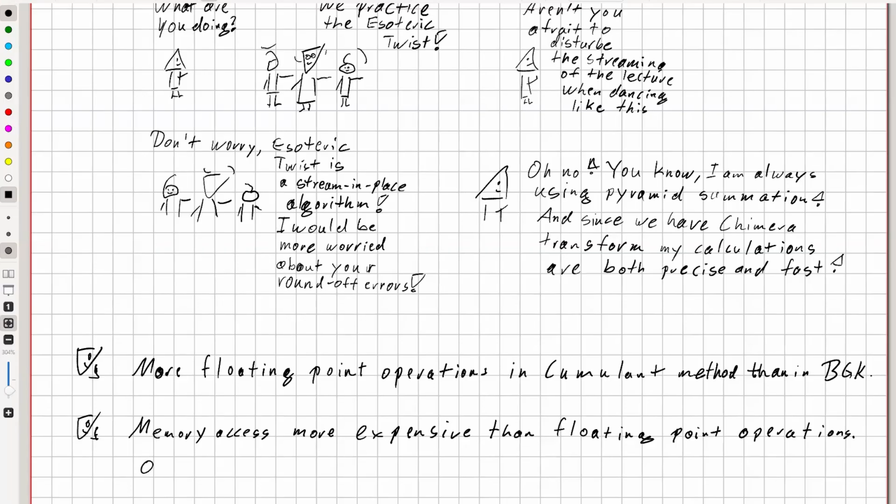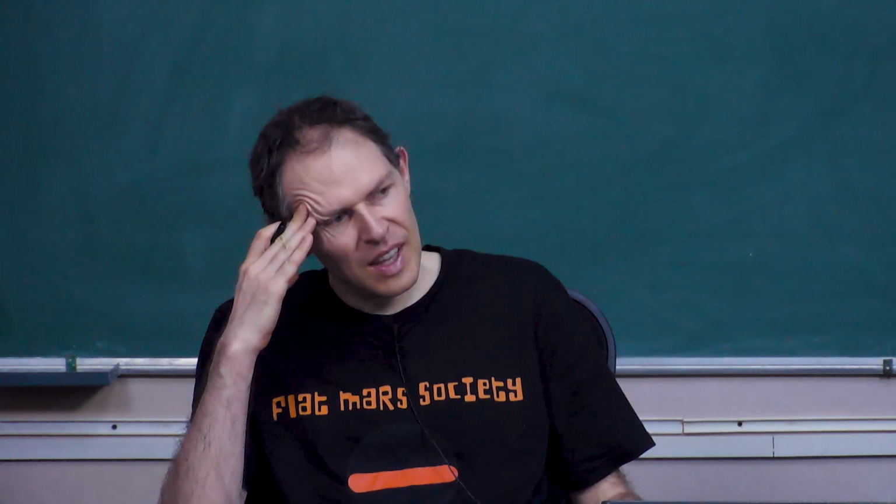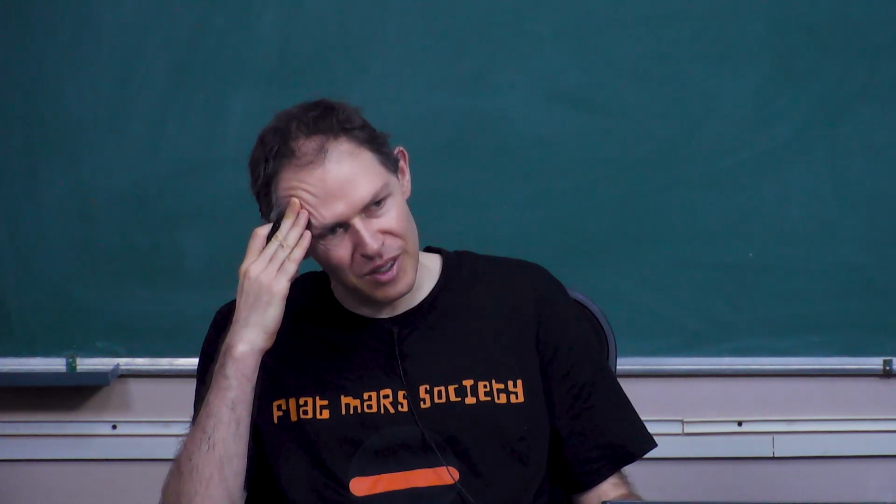What you can do with a clever implementation is an overlap. You can use overlapping floating point operations with memory access, and if you do this and your memory access and your operations are not too much, computation can be more or less for free.